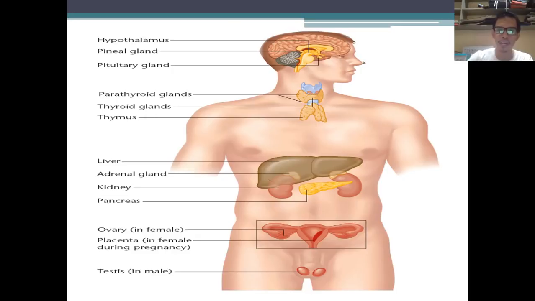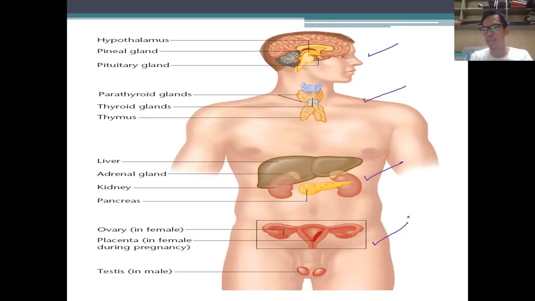These endocrine organs are found in the head, the neck, the abdominal region, and the pelvic region. Most of the time, the ones found in the pelvic region are the reproductive organs. So reproductive organs are also part of the endocrine system as well.